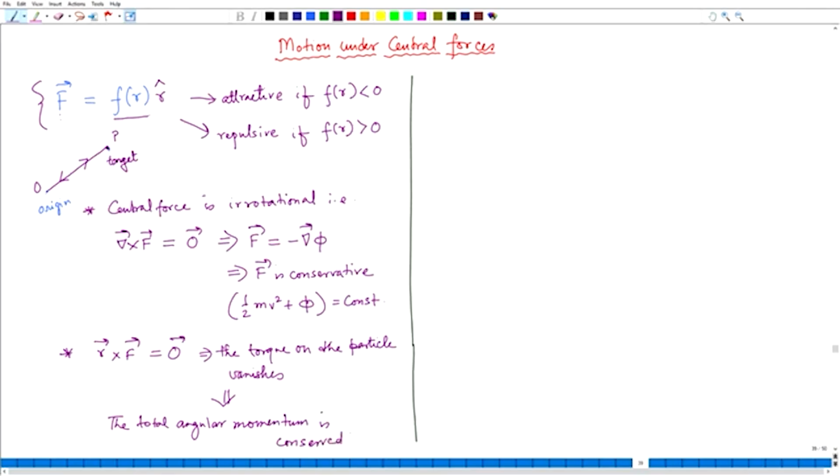Now, angular momentum is what? Angular momentum is r cross mv. I can call that L, capital L. This is conserved vectorially. Now, vectorially conserved means the direction is constant in time, and the magnitude is constant in time separately.